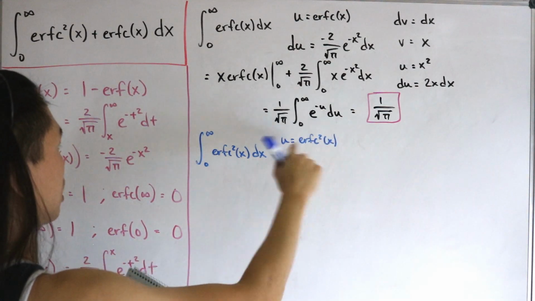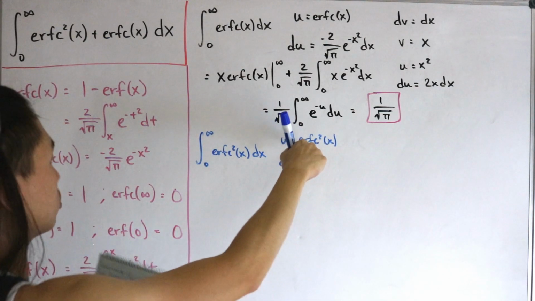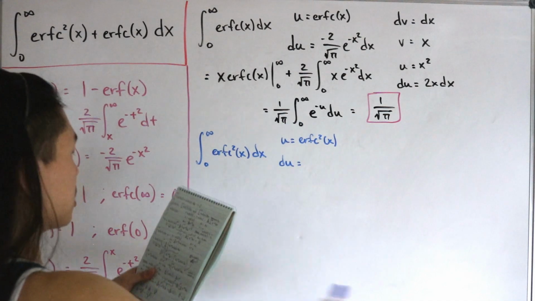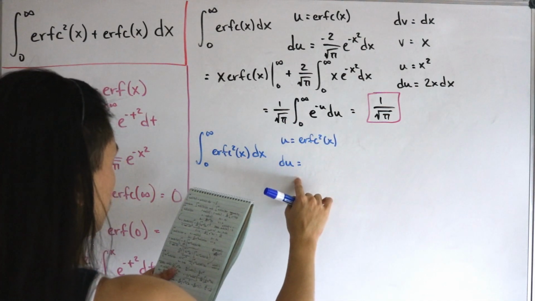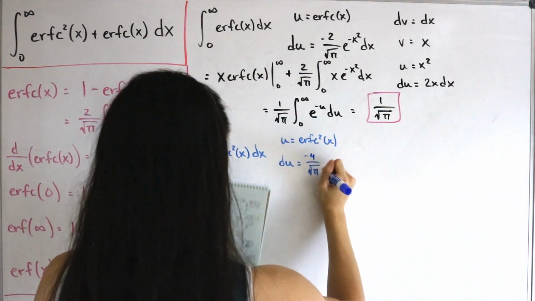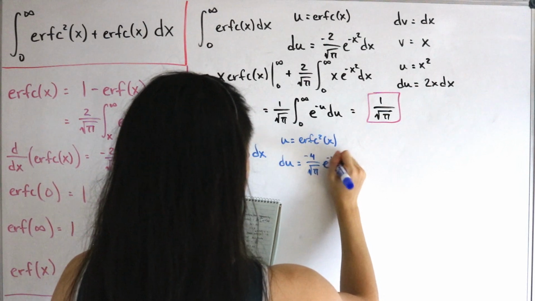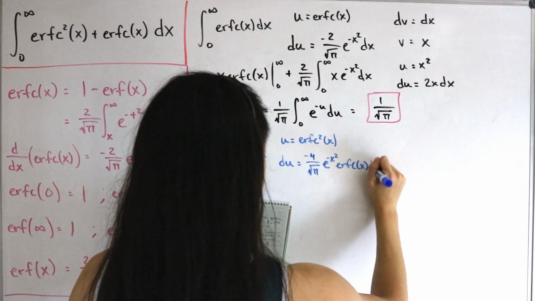So that means it's 2 times this, and then you have to take the derivative of the inside. So basically take the derivative of the complementary error function, simplify everything out together. We're going to have that our du in this situation is going to be equal to -4 divided by the square root of pi multiplied by e to the negative x squared multiplied by the complementary error function of x and then dx.